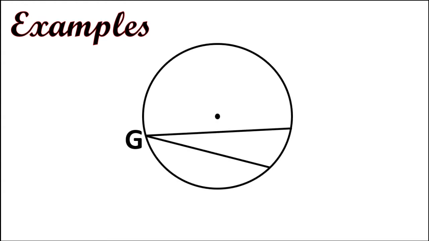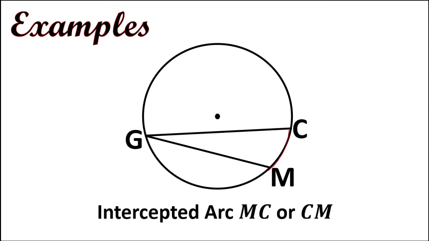Next, if you have angle CGM, its intercepted arc is arc CM, or arc MC. If you don't want to write the word arc, draw a rainbow on top, then CM. This is read as arc CM. Okay? And it is an intercepted arc.